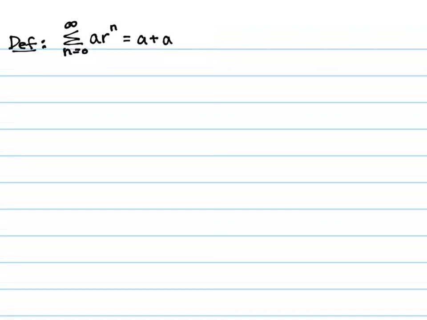If n equals 1, we get a times r. If n equals 2, it's a times r squared. And we continue with increasing our powers on r, and it continues on indefinitely, of course. And this is a geometric series.